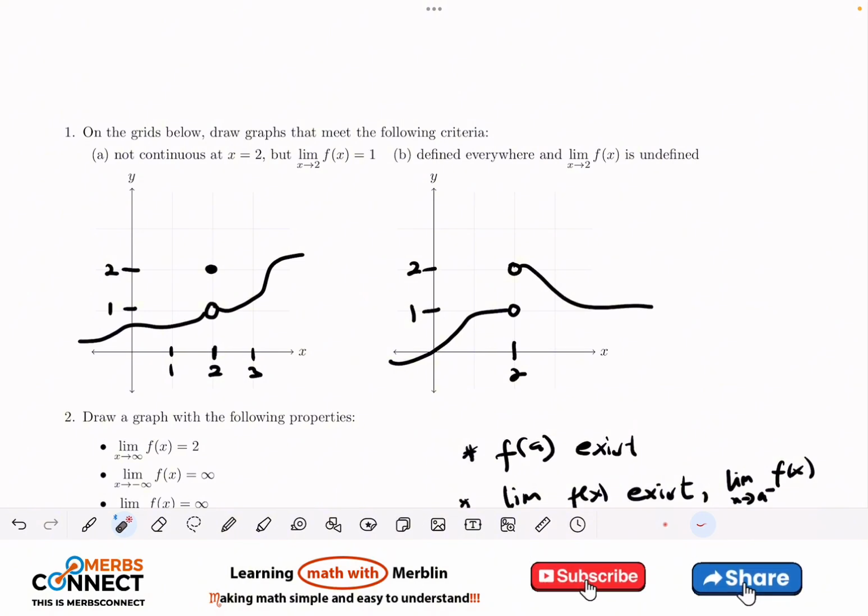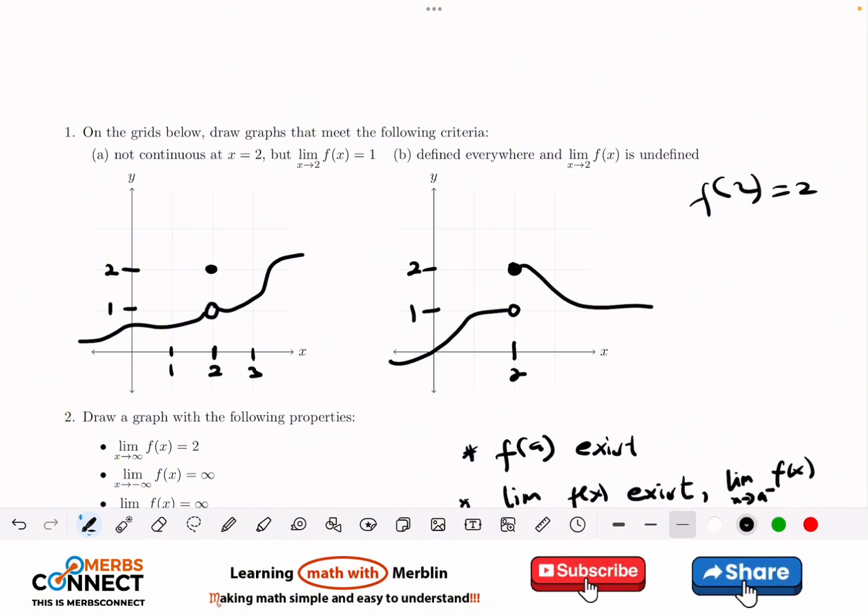Then here, because it's a jump, you can shade one of them, which will give us the idea of, okay, the f of 2. So the f of 2 can pick one of the holes. So if I shade this one, then here I'm assuming that f of 2 is equal to 2. Is that right? So that is what I'm assuming. If I don't do that and then I shade this one, then this one too, I'm assuming that f of 2 is 1. So this is how the graph is going to look like.